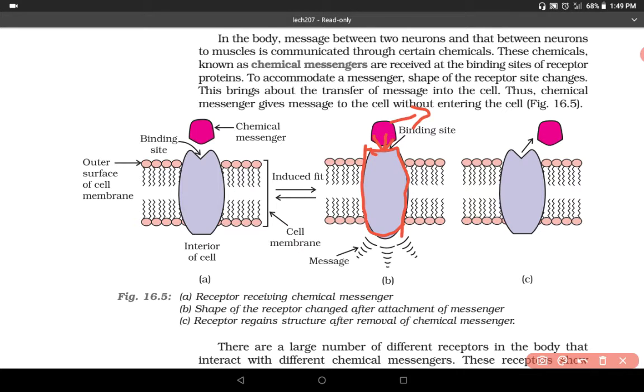When it binds to the active site of the receptor, it changes the shape of the site.